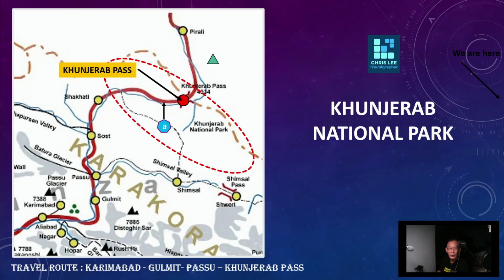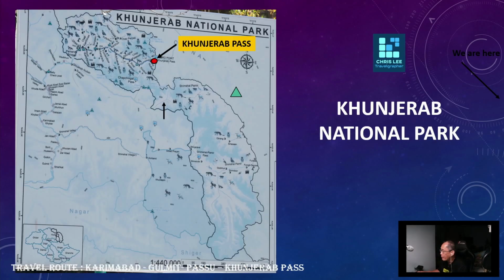And if you look at this, I will show you the map again. You can see here the Khunjerab Pass is almost at the end of this Karakoram Highway, and is where it links to the Karakoram Highway in the China sections, right? And we have to pass through the checkpoint before we can reach Khunjerab Pass.